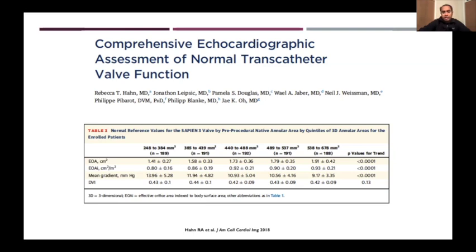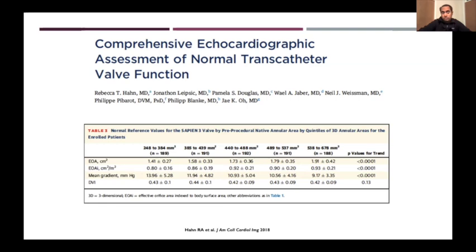Here we have area going from a low quintile starting at 248 millimeters squared to a high quintile of 678 millimeters squared, showing a Doppler velocity index, a dimensionless index, of less than 0.5 across the board. And this is not good. Having these types of hemodynamics in a surgical population would not be tolerated well, and a transcatheter valve population does not tolerate it well either.